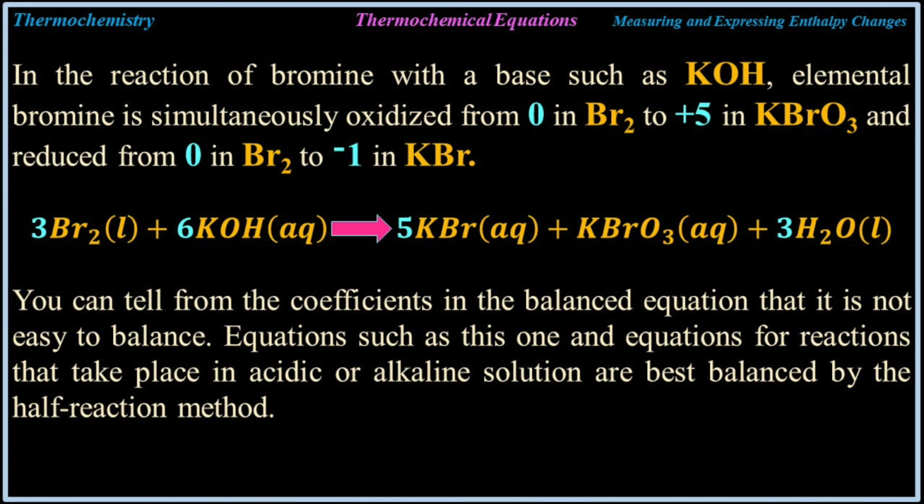You can tell from the coefficients in the balanced equation that it is not easy to balance. Equations such as this one and equations for reactions that take place in acidic and alkaline solutions are best balanced by the half reaction method. I will leave this up for a moment while you inspect it, and that is the end of this video.